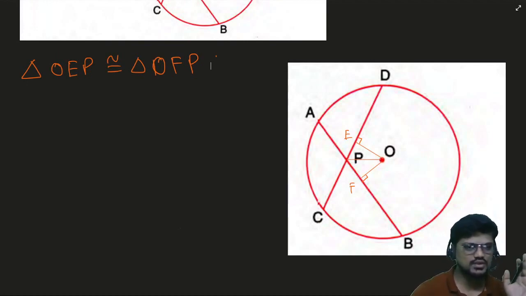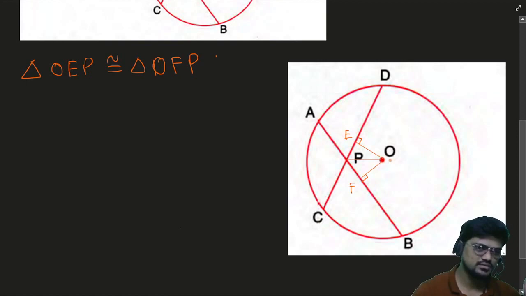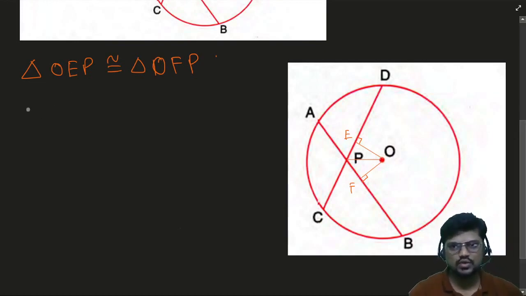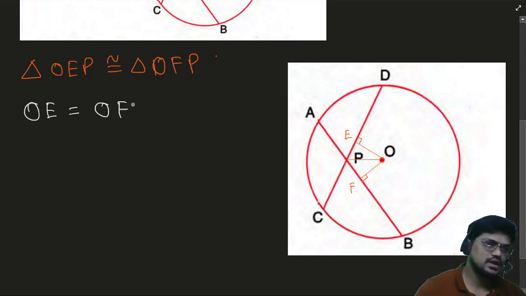So what all things you need, we can say that they are equal. First of all, the two chords are equal. They have already mentioned it. Since the two chords are equal, the two chords will be at equal distance from the center. So the reason is OE is equal to OF. Why? Equal chords are at equal distance from the center.